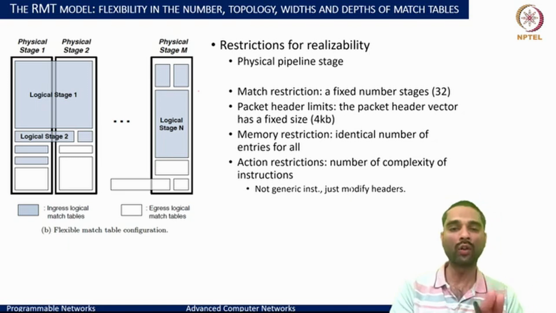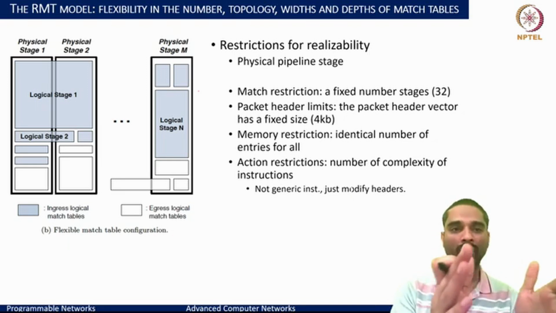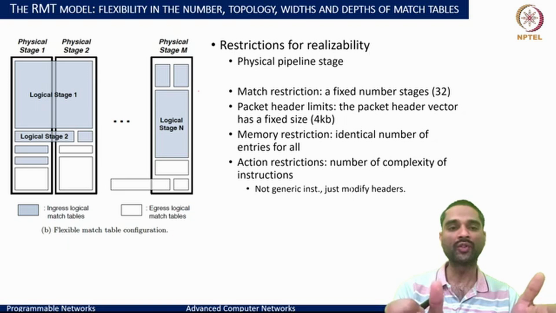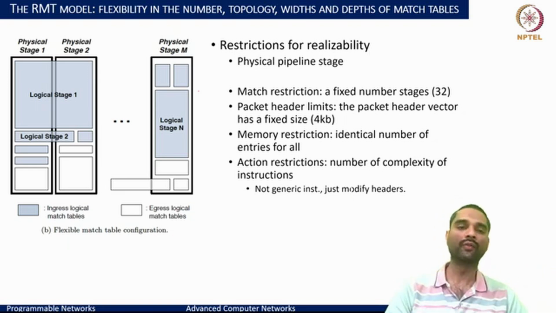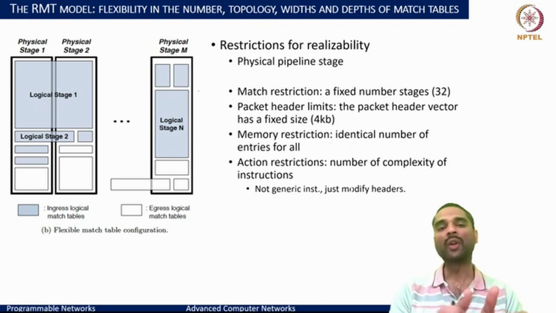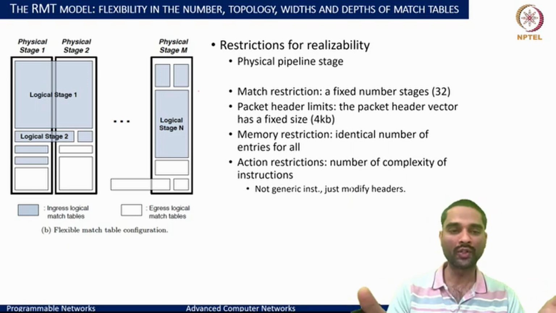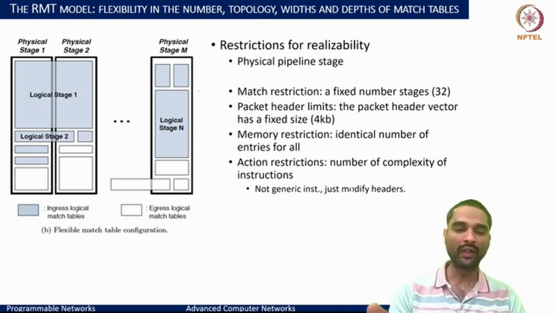Would they all have the same memory restriction in terms of the number of bits, in terms of the size that you would want to accommodate? Or when I combine the 2 physical stages, I can have multiple logical stages in the same physical stage notation. That way, I may have the width of one logical stage span different bits as opposed to another logical stage, which may have a different bit width.